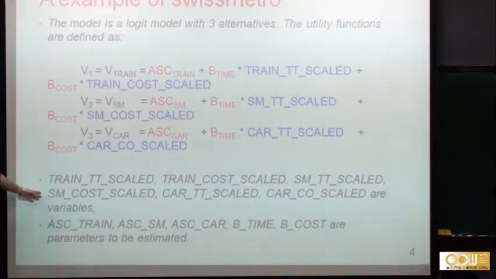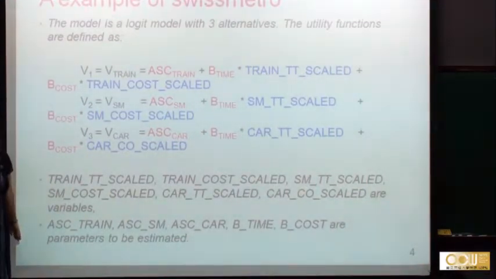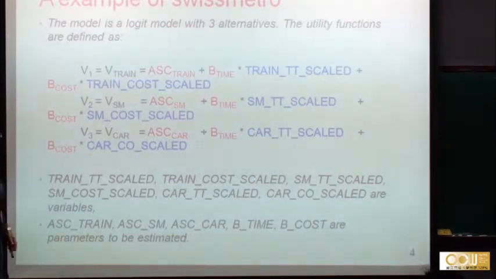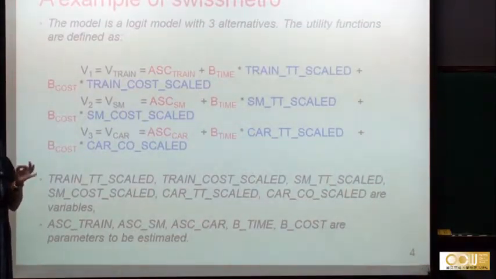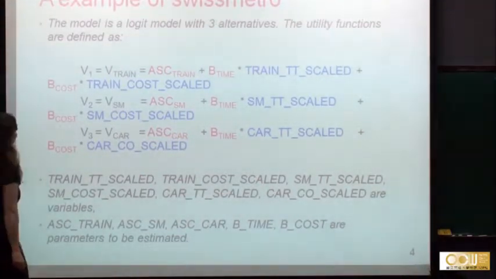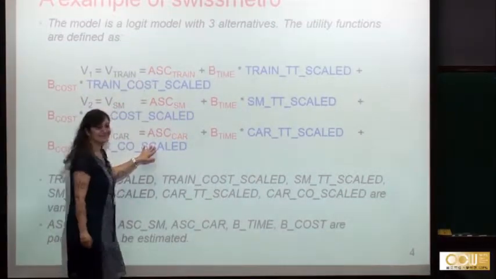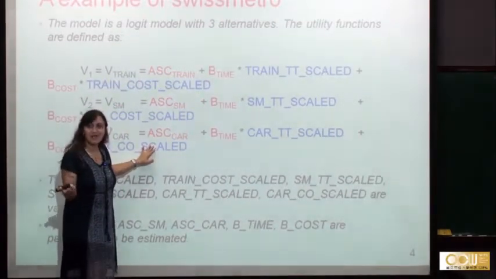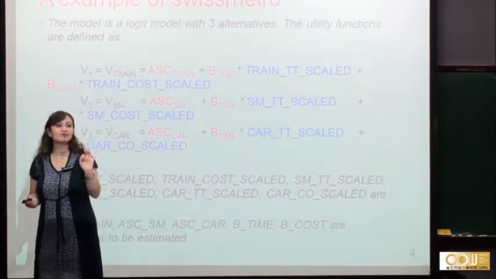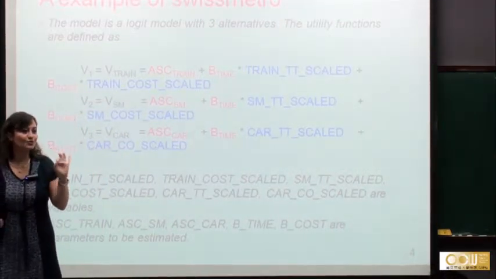These are the x, right? Train time, train cost, Swiss Metro time, Swiss Metro cost, car time, and car cost. These are the variables to be estimated, together with the alternative specific constant. Now, there is something that I don't like in BIOGEME, is that he says, you know, there are three here, which is not feasible, but he wants you to fix one to 0.